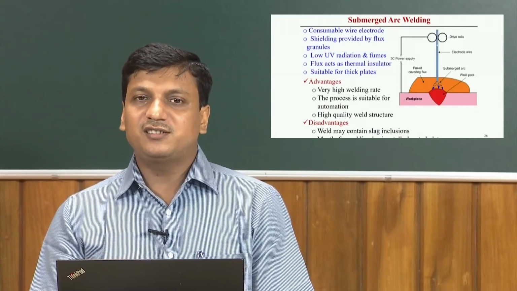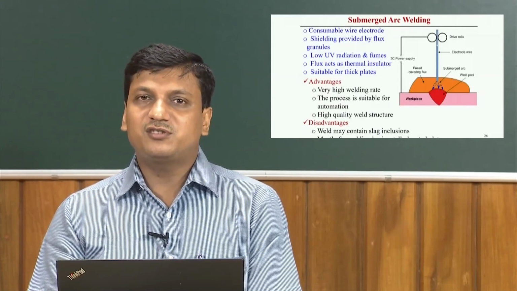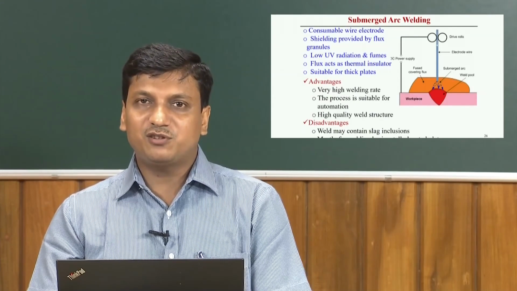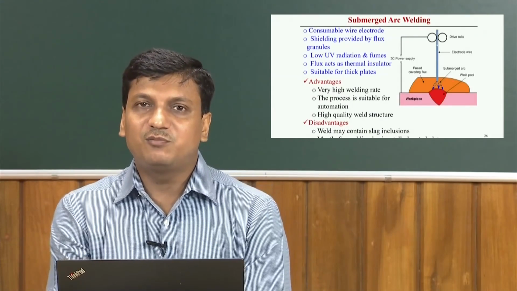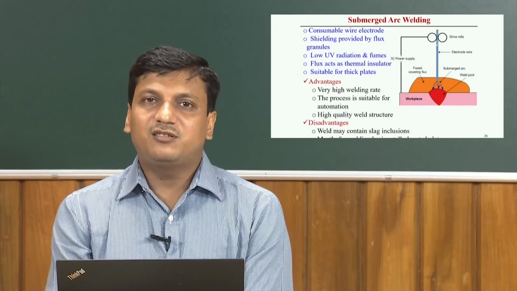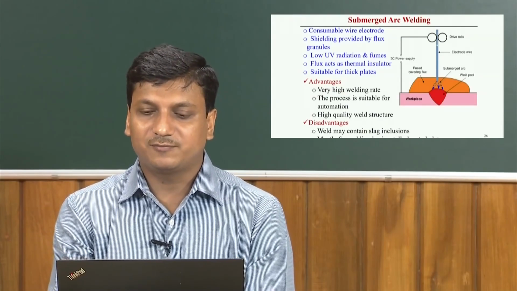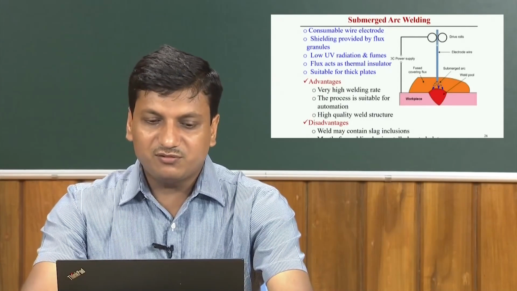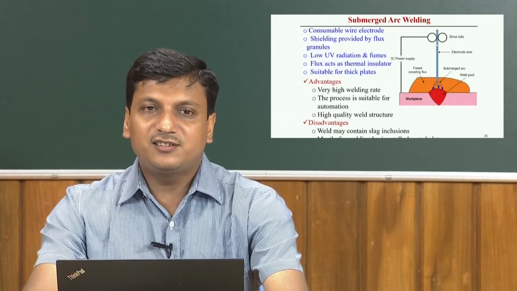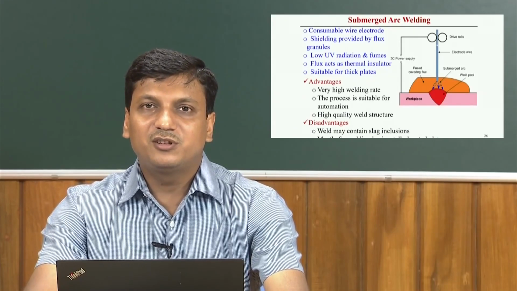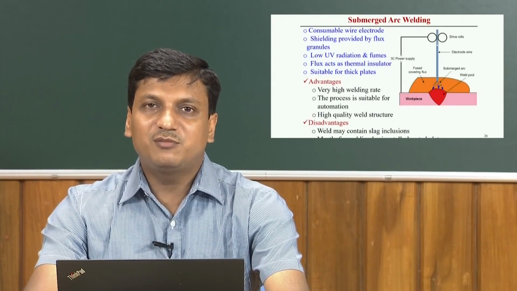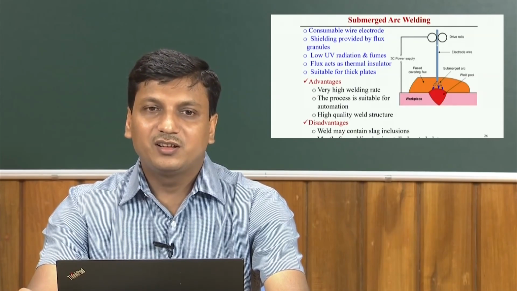Since the flux granules cover the weld zone, the efficiency of the process is relatively higher as compared to the gas metal arc welding or shielded metal arc welding processes. Typical advantages are a very high welding rate as compared to gas metal arc welding or shielded metal arc welding.